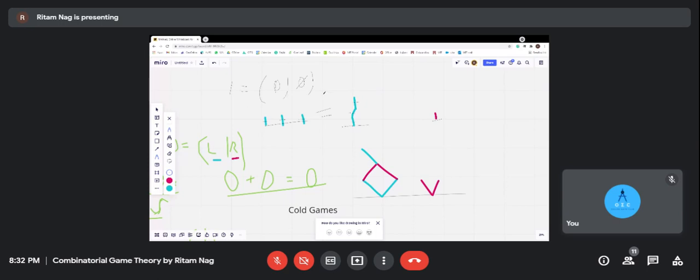Does this make sense to you? 1 is 0 slash null set. 2 is, or in general, plus n is defined as n minus 1 slash null set. This definition should also make sense to you at this point.